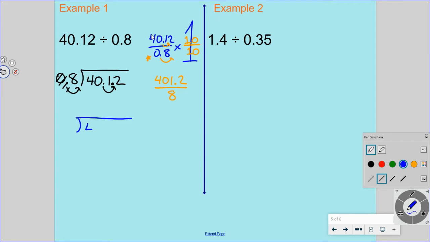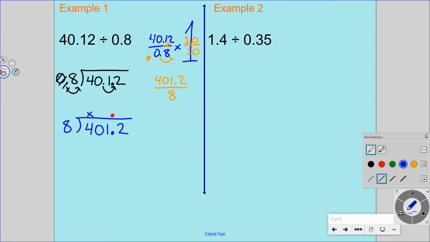And now what we have essentially is 401 and 2 tenths divided by 8. Now notice I did not change that to 4,000. That's not fair. If you move one spot in the divisor, you must move one and only one spot in the dividend. Now we can go ahead, put your decimal point up, and go ahead and start dividing.